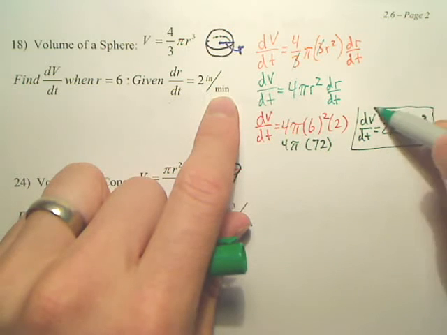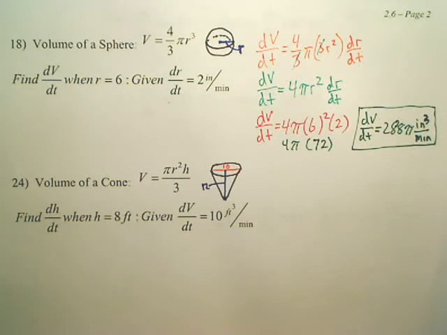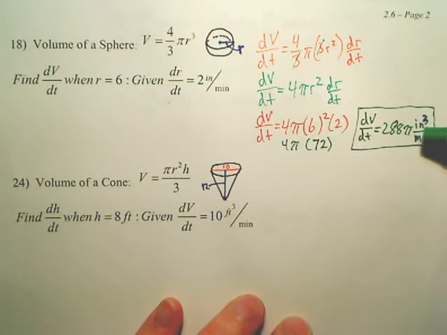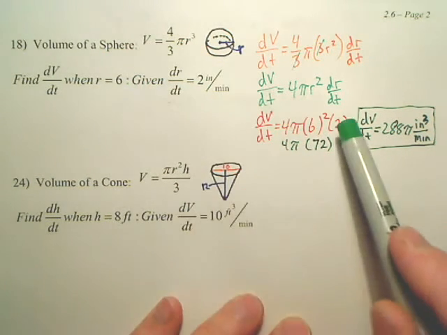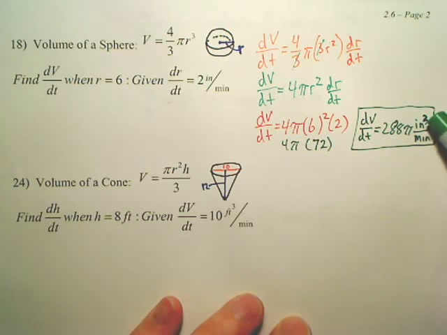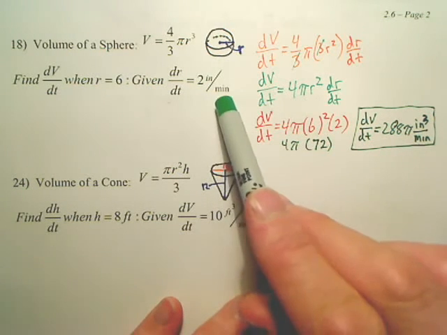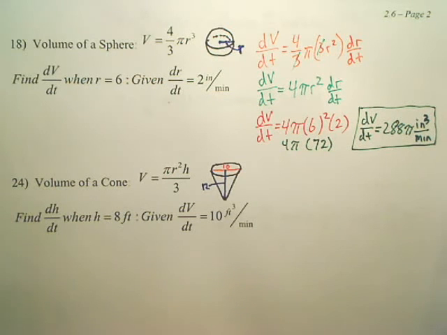It's good to put the units, not a necessity all the time unless they ask for them. Actually on the AP test, a lot of times they ask for units. So it's good to write the units, okay? Because they will ask for them at random times. So again, whenever you're doing volume, it's always cubed, and you're always doing it by the unit of time given. Don't forget the pi. It could be lost.